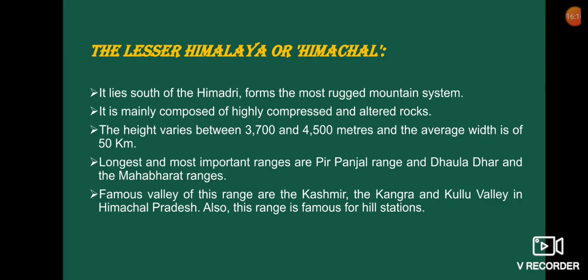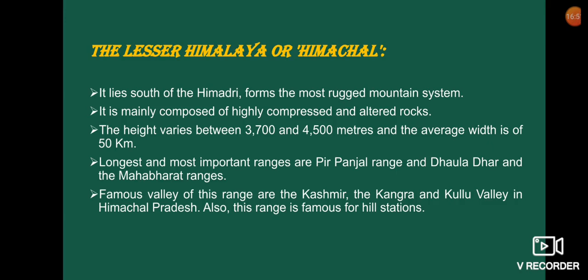The second range of the Himalayas, that is the Lesser Himalayas or Himachal. It lies south of the Himadri and forms the most rugged mountain system. It is mainly composed of highly compressed and altered rocks. The height varies between 3,700 and 4,500 meters, and the average width of this range is 50 kilometers.